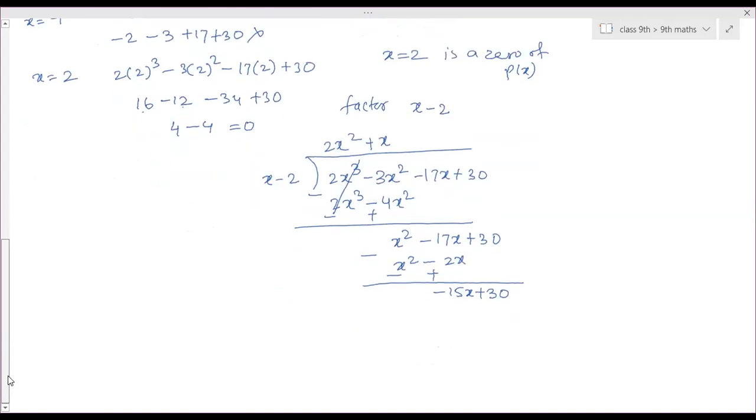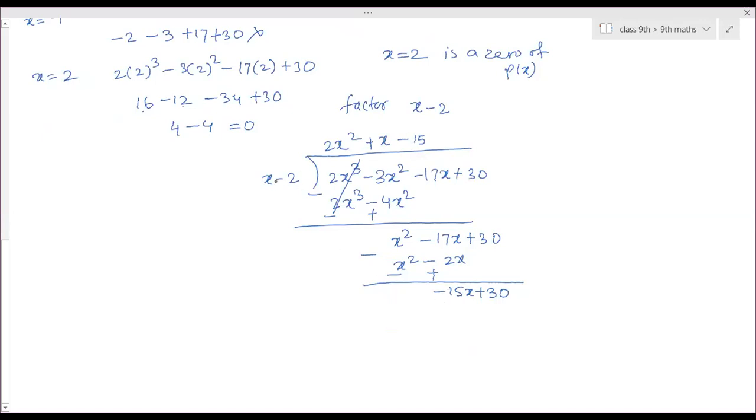What is the quotient? Yes Tejasvi, what's the quotient next? Minus 15x by x, minus 15 is needed.